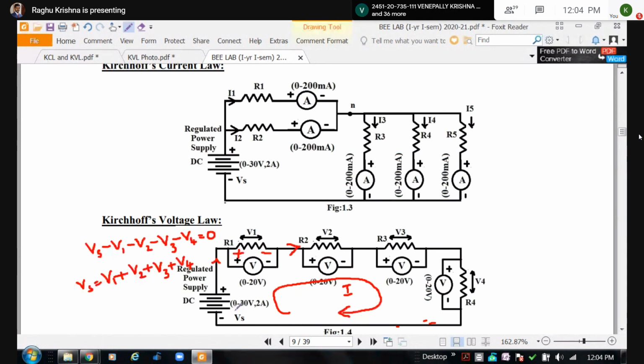Now coming to Kirchhoff's voltage law. Kirchhoff's voltage law states that the algebraic sum of voltages in a closed path is equal to 0. And how to take a positive sign and negative sign? When there is a voltage rise, you have to take positive sign.